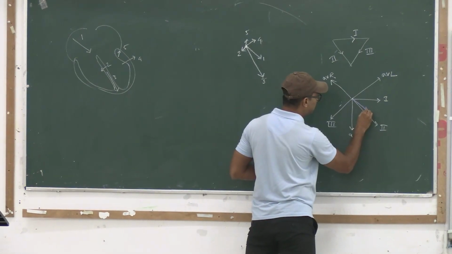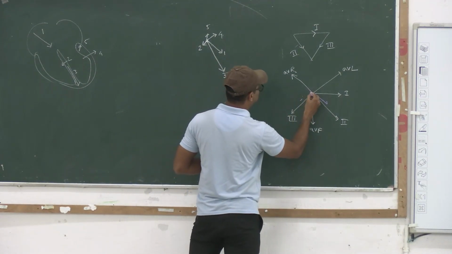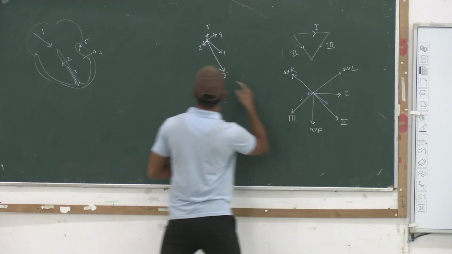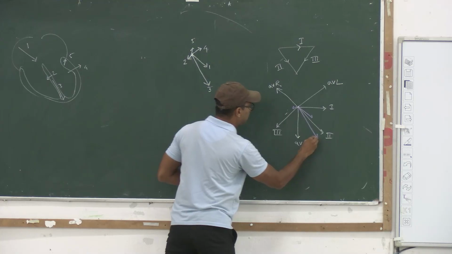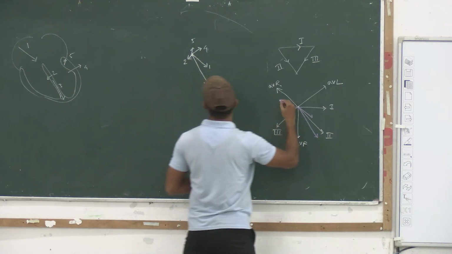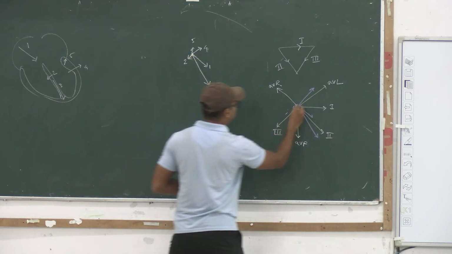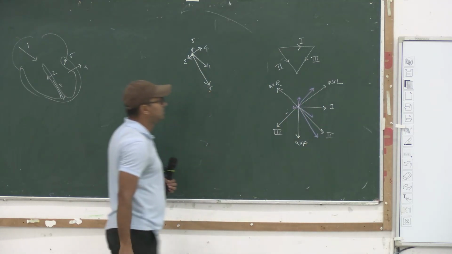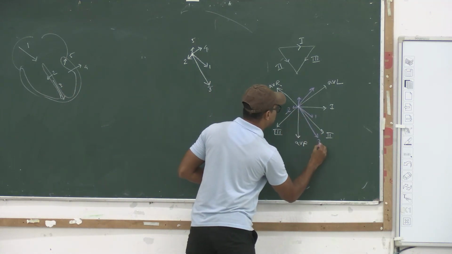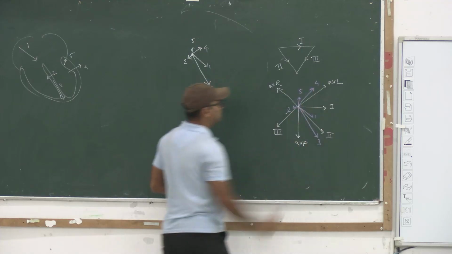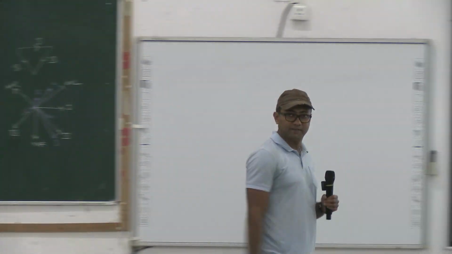Vector 1, vector 2, vector 3, vector 4, and vector 5. Clear?